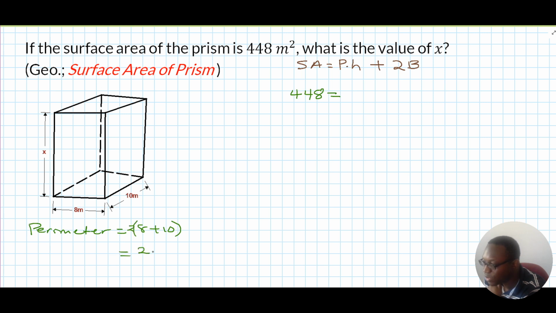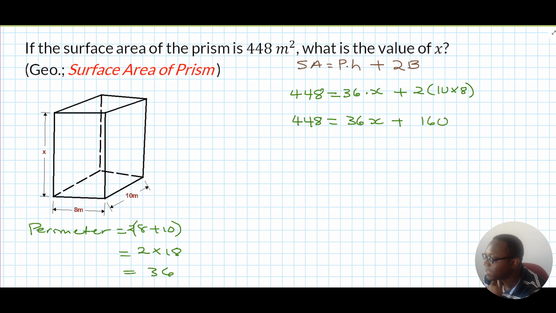So this is going to be 2 multiplied by 18, which is 36. So perimeter of the base is 36 and our height is x, plus the area of the base, which is 10 multiplied by 8. So now we have 448 is equal to 36x plus 2 multiplied by 80, which is 160. So now we're trying to find the value of x.